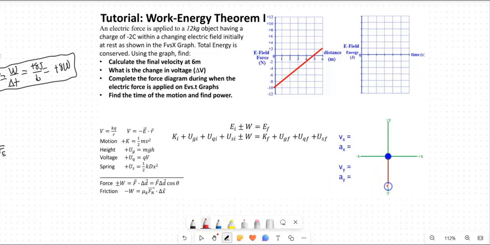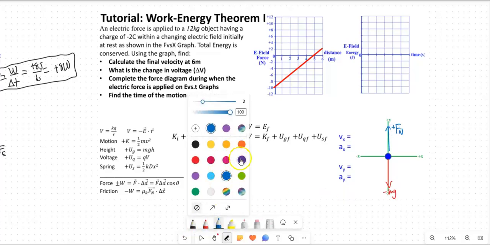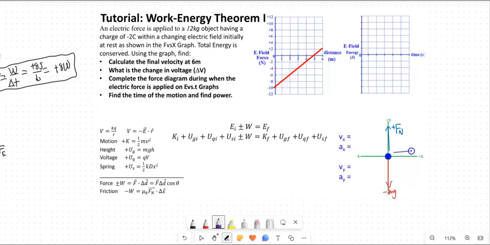So this is mg, which is the same force diagram that we've been doing, except for the first one. And then we have the electric field, which is pushing it to the right, right? We have whatever that is, pushing it to the right. And I don't know what that is, so I'm just going to call it an E field right now.